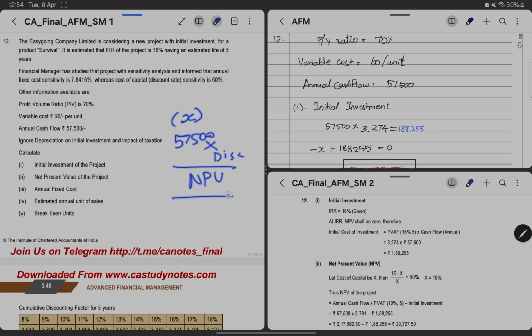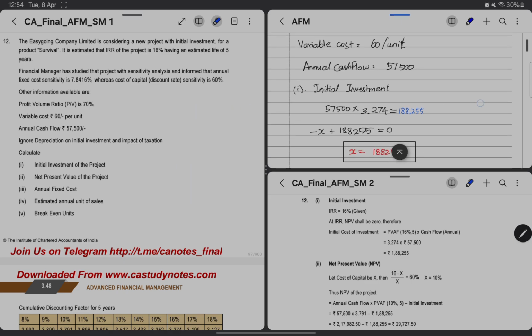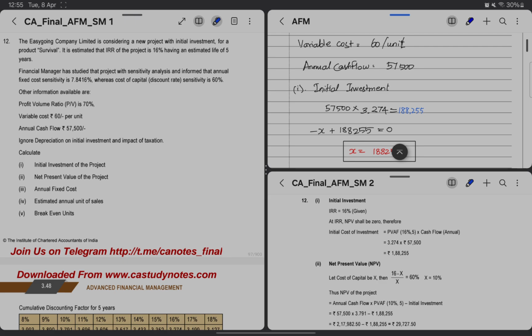In this case, since the NPV is 0, if we find out this discount rate, then we can arrive at the initial cash flow. So based on the cost of capital sensitivity, we have to figure out the initial investment, because we need the discount rates.